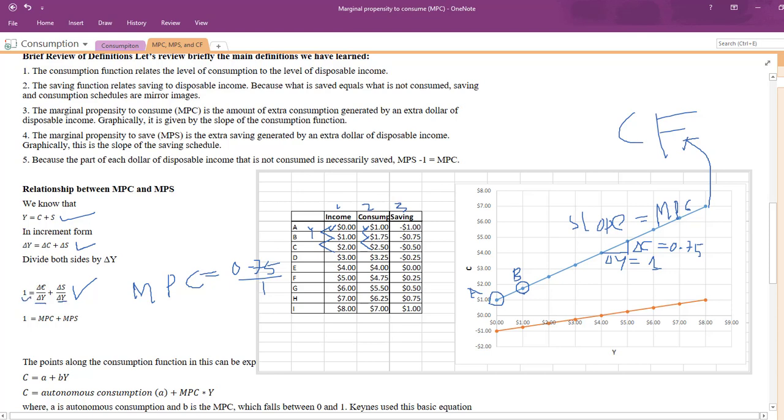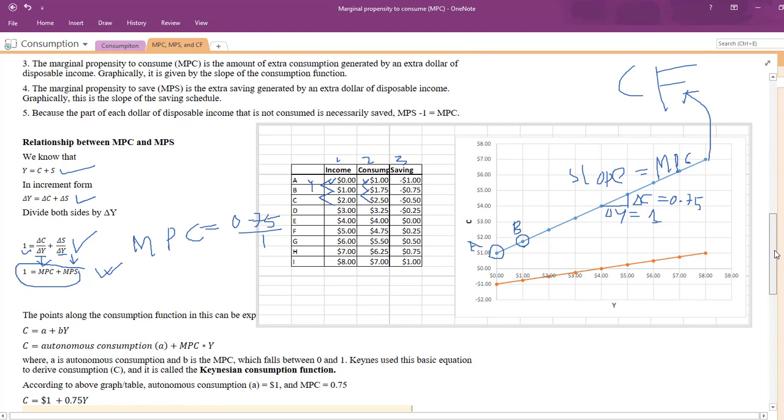Change in consumption divided by change in income is MPC, and this term is MPS, which shows that MPC plus MPS is always equal to 1.